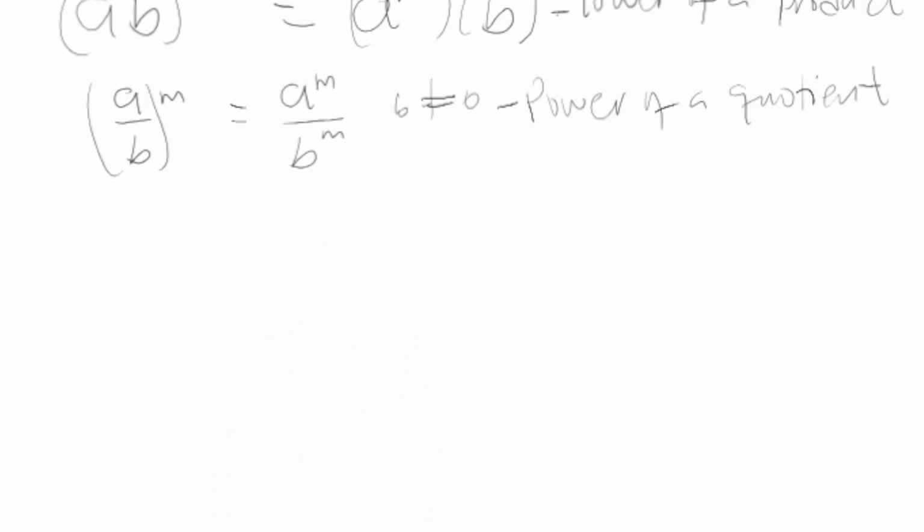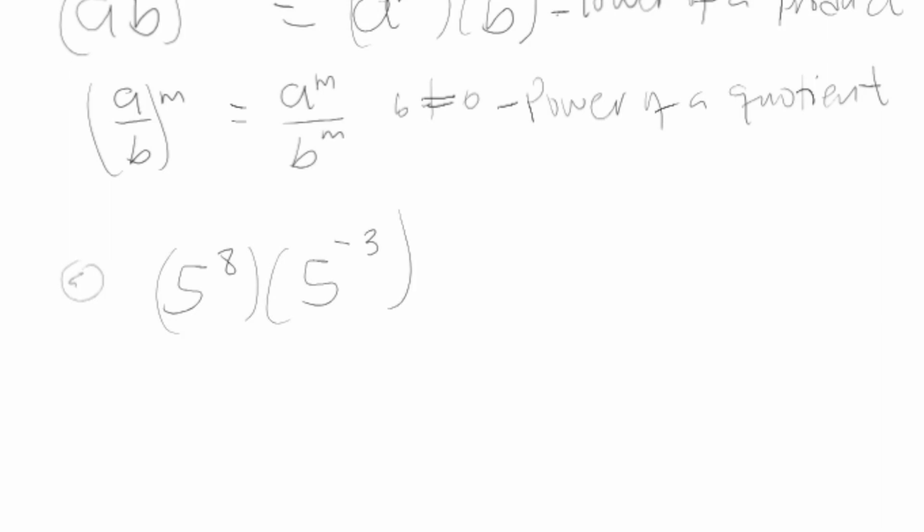The first one that we're looking at is 5 exponent 8 times 5 exponent negative 3.